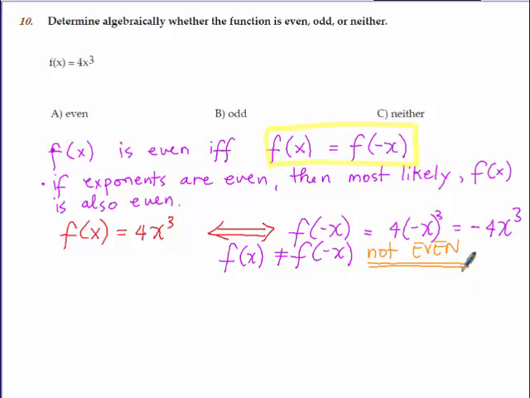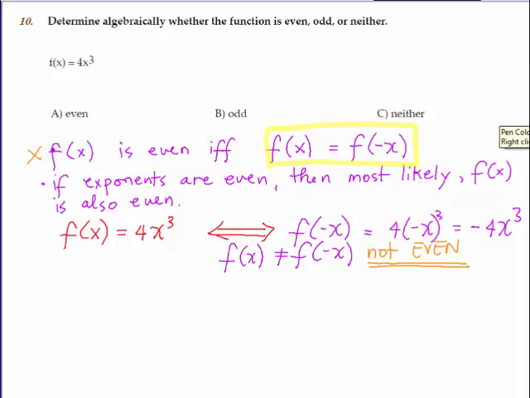Because this is not even, we have an option that this might be odd. This one is not even, because the condition f of x is equal to f of negative x is not satisfied. So let us investigate whether it is odd.